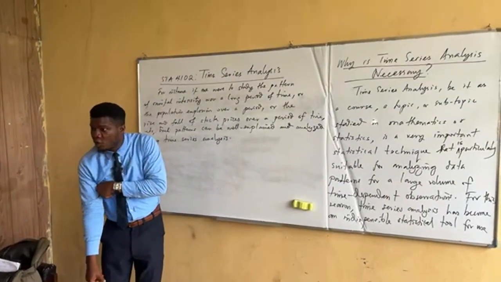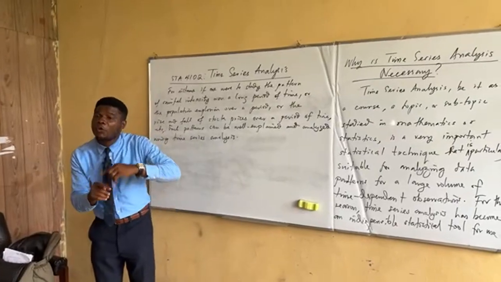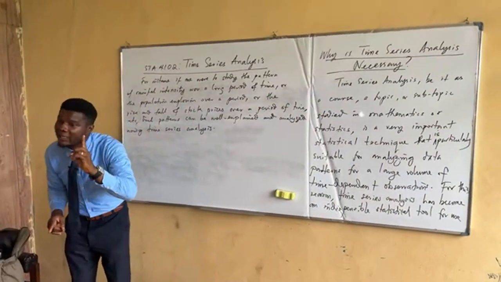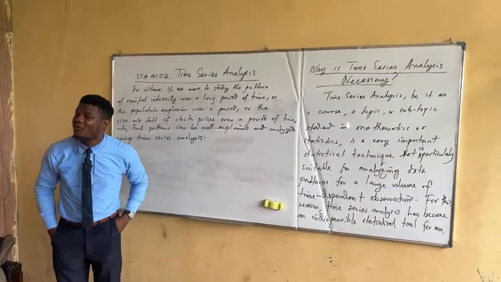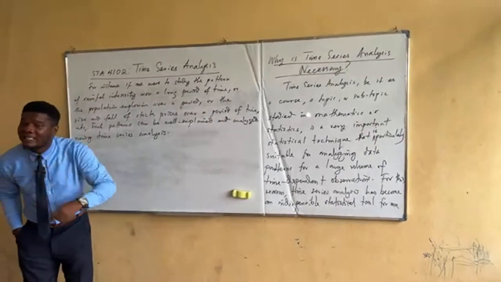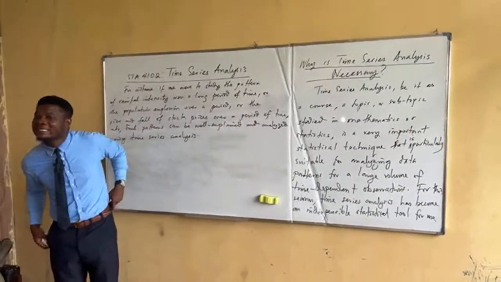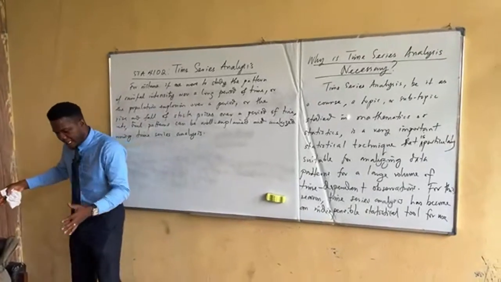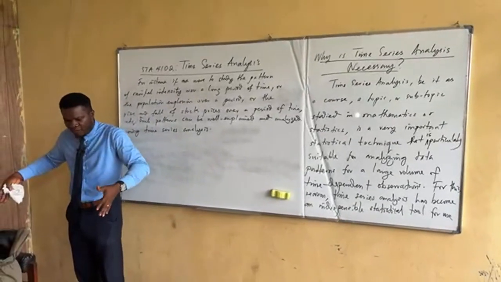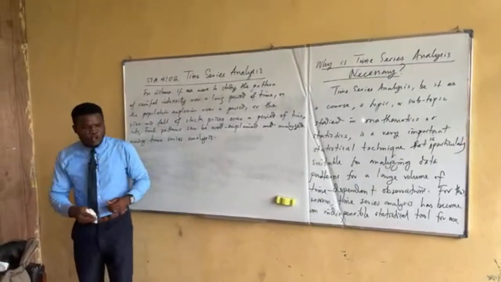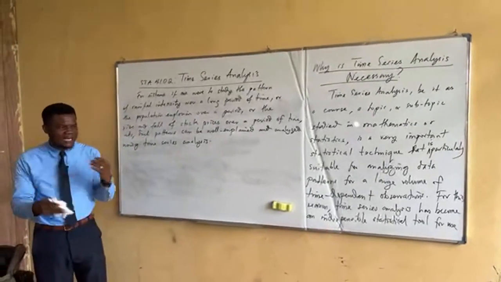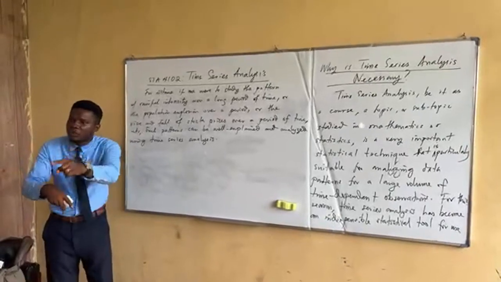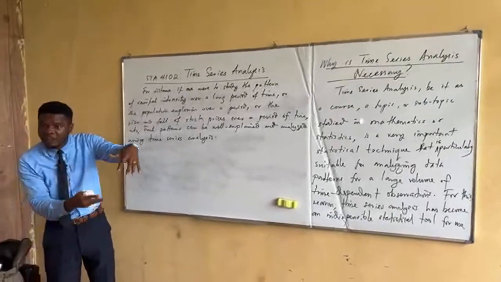Please take note that those projections are called forecasts. And those forecasts are usually not exact. They are usually not accurate. For instance, if you have a 10-year volume of data, and at the end of your project, after analyzing the time series, you incorporate into your findings a forecast for the next 5 years.